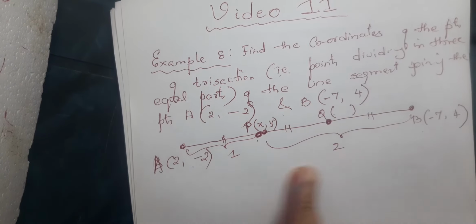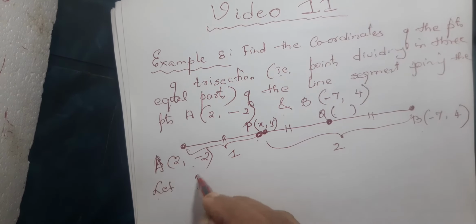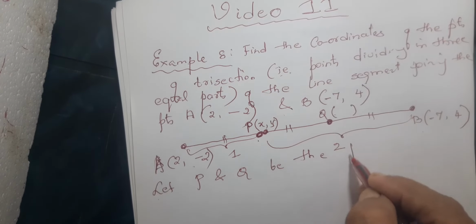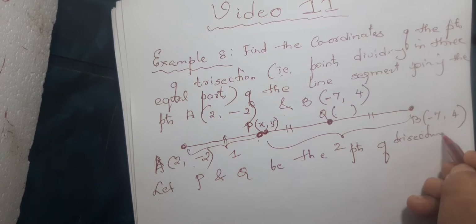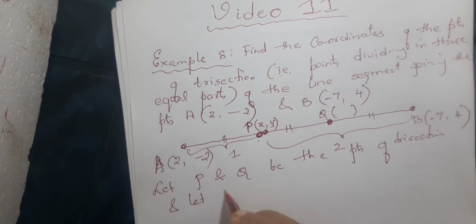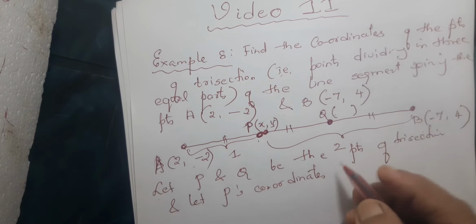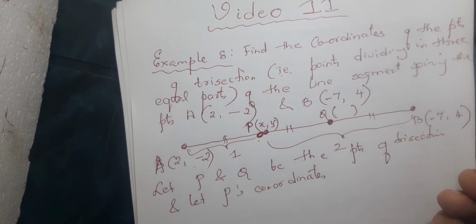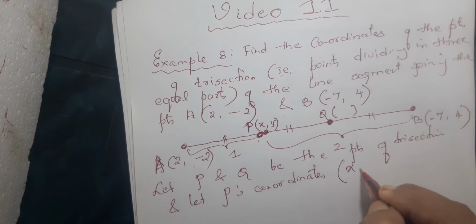Okay. So let P and Q be the points of trisection, and let P's coordinates be x, y. The other one we can find out easily afterwards.